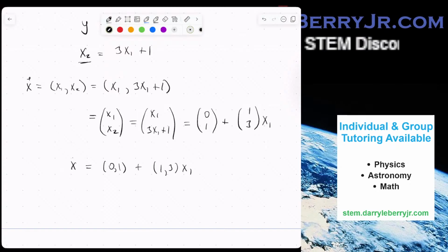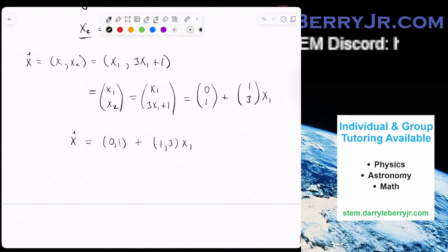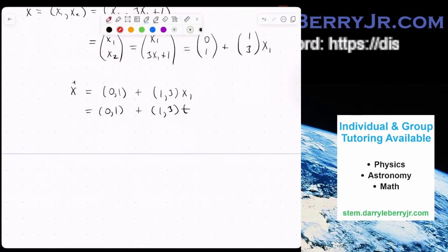And that's still equal to the vector. And now x1 is just a variable. So we have 0, 1 plus 1, 3, t. So this line is going to go in this direction, and this is going to be the starting point of the line at xo. And it's going to be scaled by t.